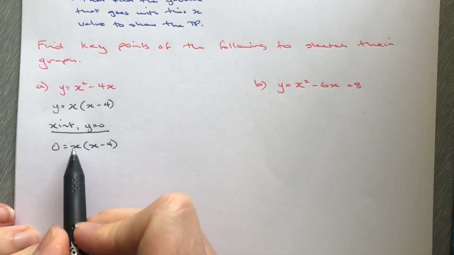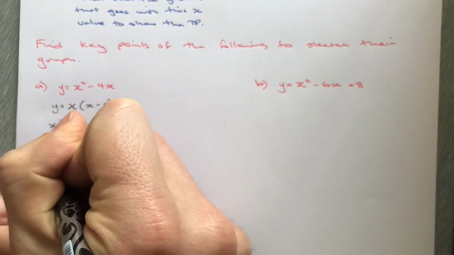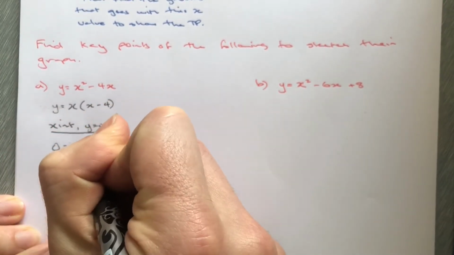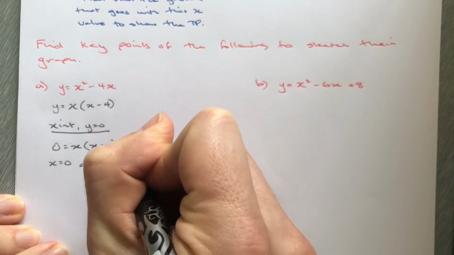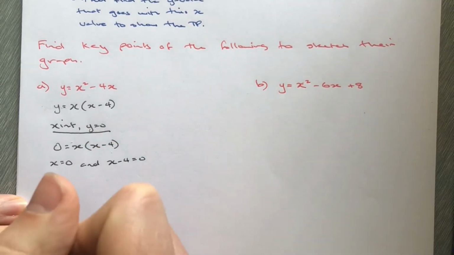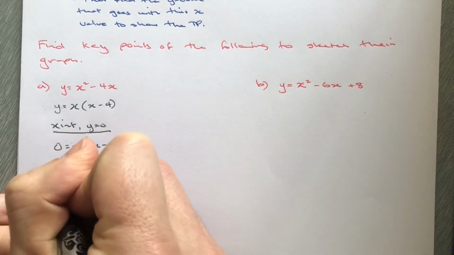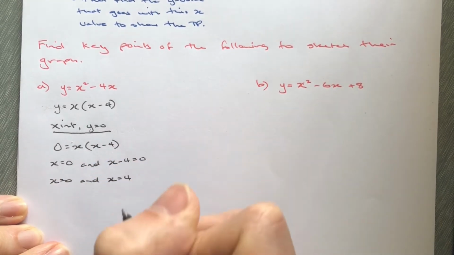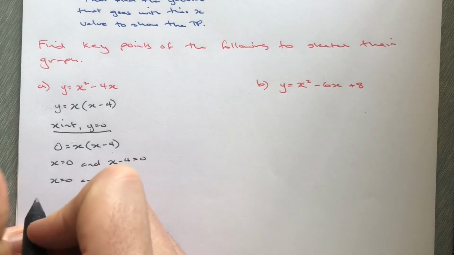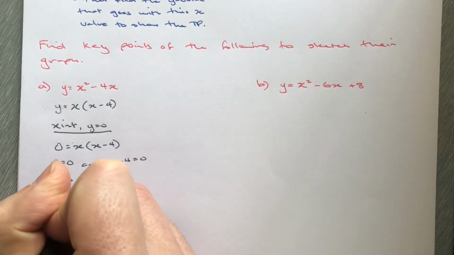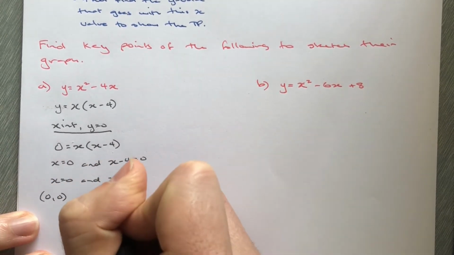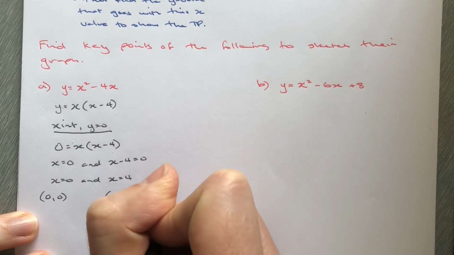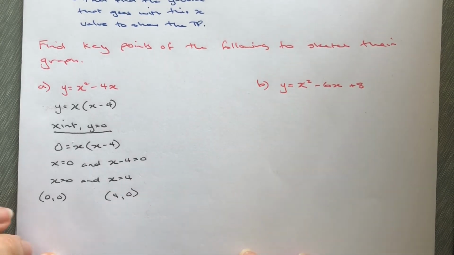We have one part that says x equals 0, and we have another part that says x minus 4 is equal to 0. So our solutions are going to be x equals 0 and x equals 4. So these are our x-intercepts. So one of them where x is 0, y is 0, and where x is 4, y is 0.